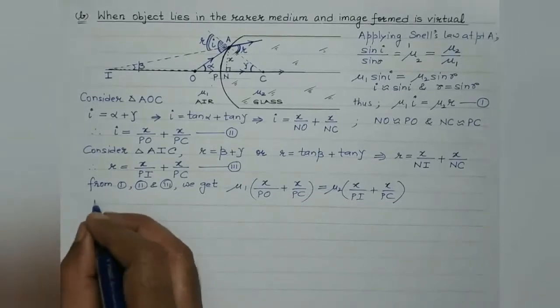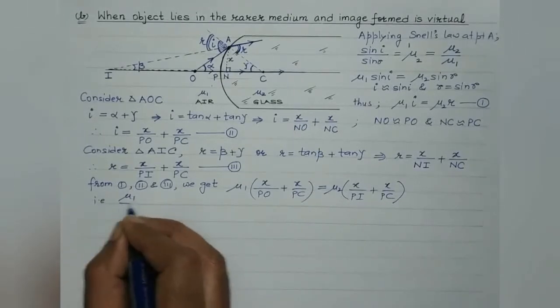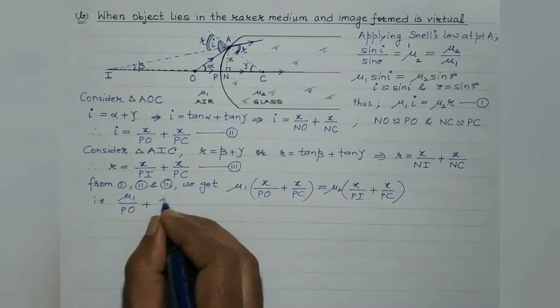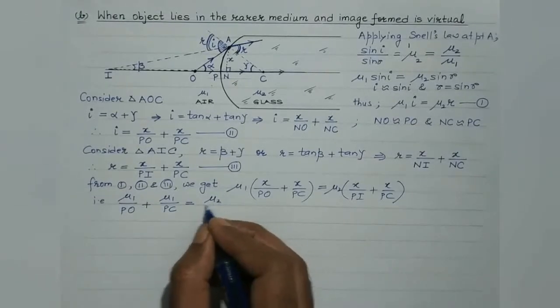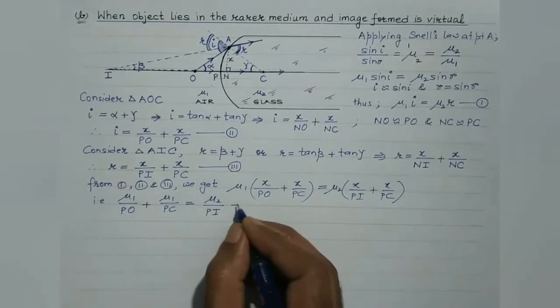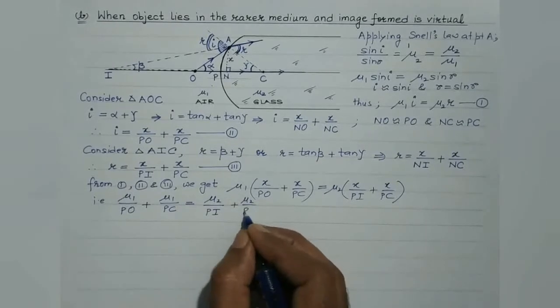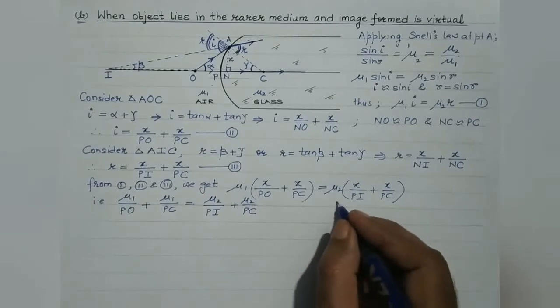Clear? That is, mu1 over PO plus mu1 over PC, x is common on both the sides, equals mu2 over PI plus mu2 over PC.